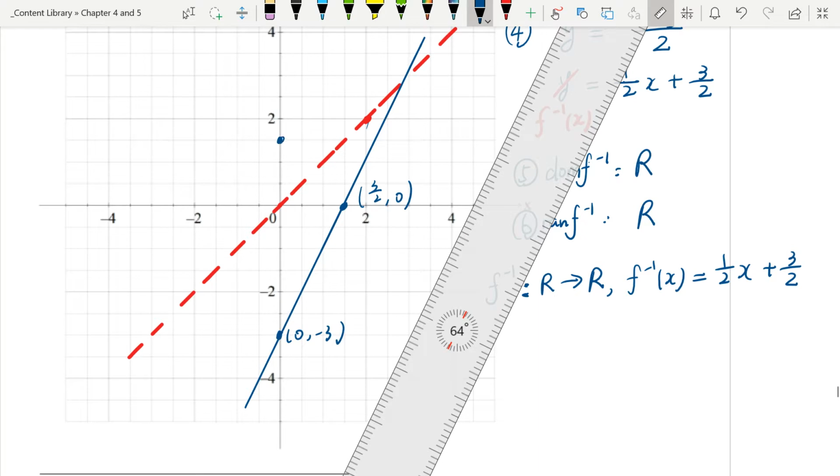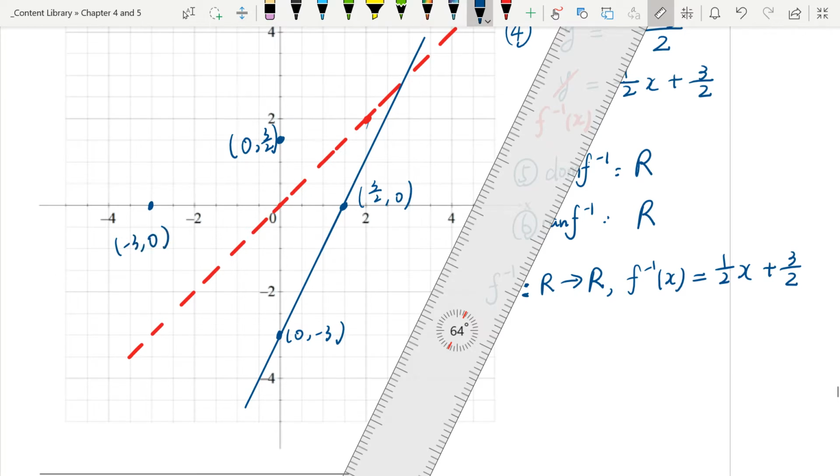Can you see your x-intercept becomes the y-intercept? Originally I have 3 over 2, comma 0. Now I have 0, comma 3 over 2. So the x-intercept will become the y-intercept, and the y-intercept will become the x-intercept. So the 0, comma -3 will become -3, comma 0.